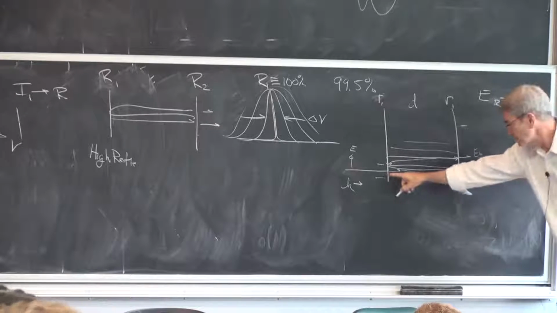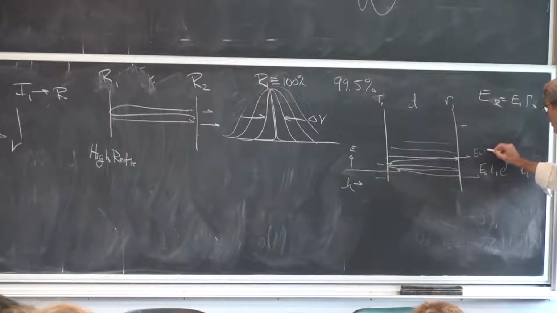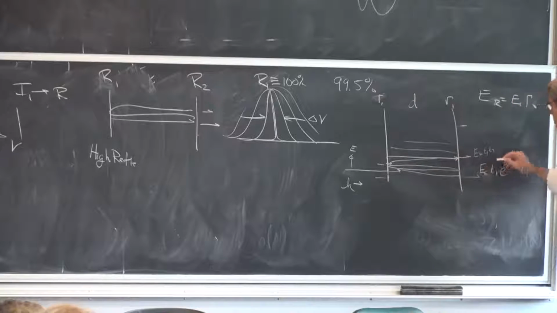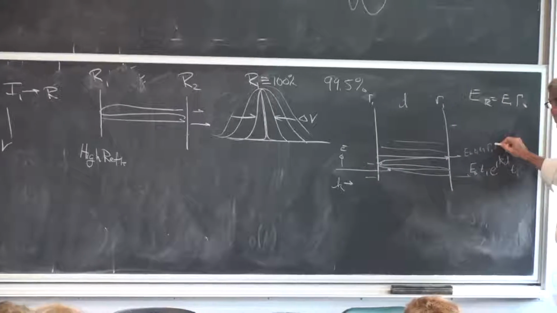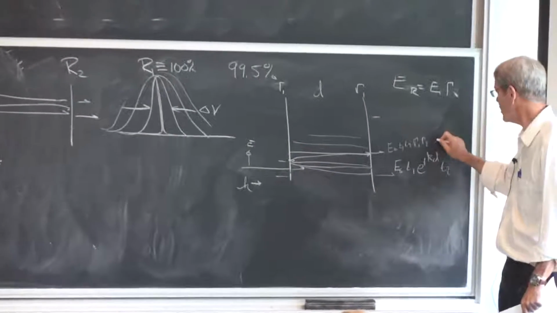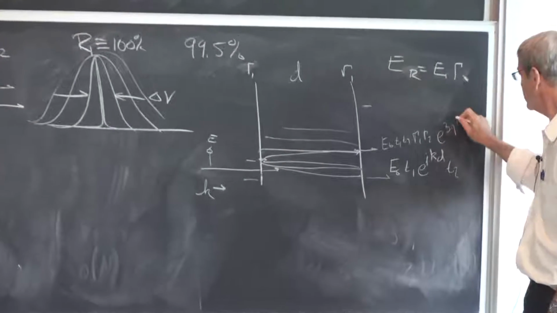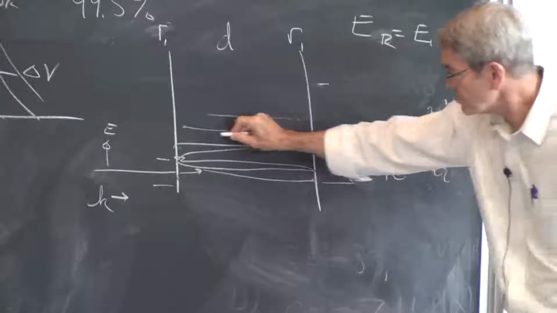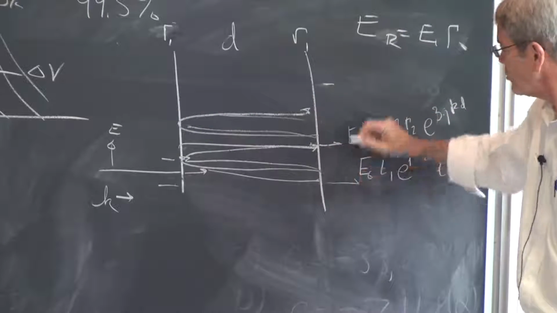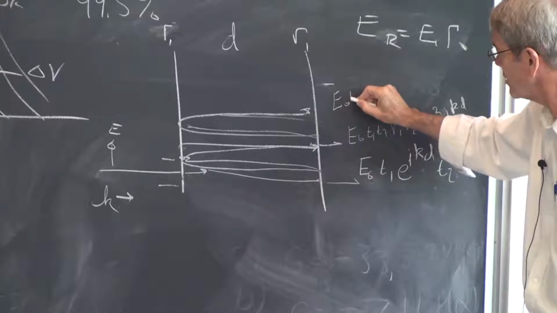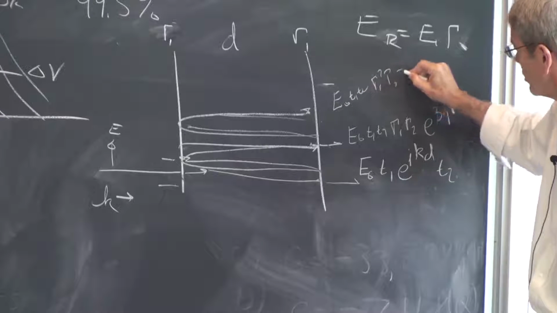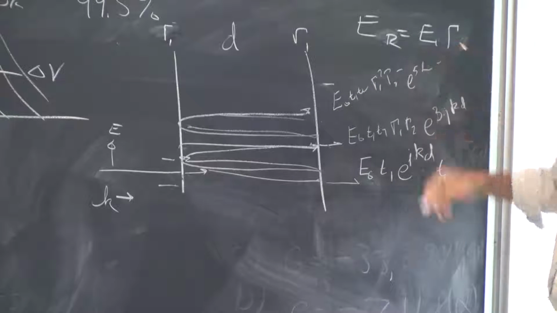So this one looks like E naught. It also did a transmission in and transmission out, so T1, T2. But it also had a reflection 1 and a reflection 2, so it's got gamma 1, gamma 2, and then its phase is e to the 3jKD. Then this one bounced, came back, and looks like the same thing: E naught, T1, T2, gamma 1 squared, gamma 2 squared, e to the 5jKD, and so forth.